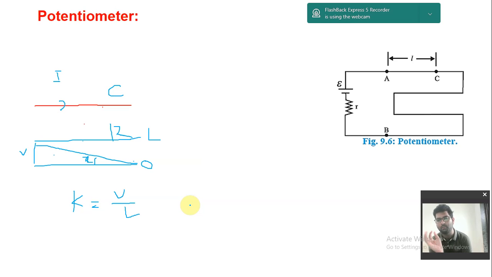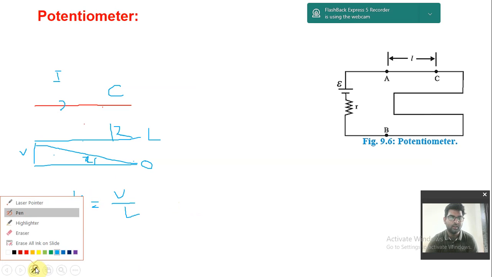Resisting wire, there will be a drop of potential at every point, because you have to do your work, and when you do your work, your potential will keep on decreasing, and a point will come where you won't be able to do more work. In the same way, the potential is dropping, and when the potential has dropped to 0, then the current won't flow further. So this potential gradient is given by V upon L. Okay, so this point you understood.